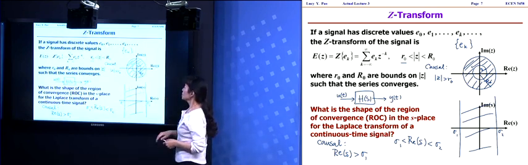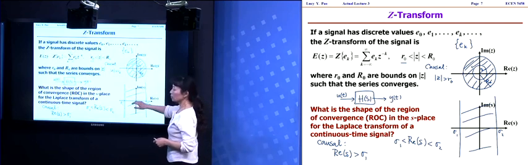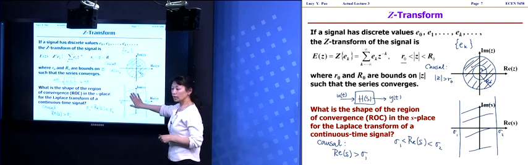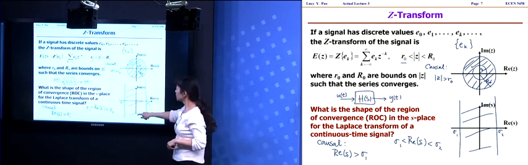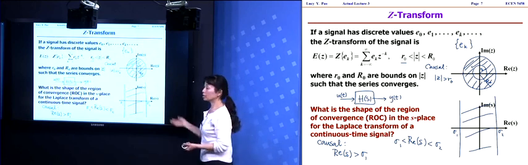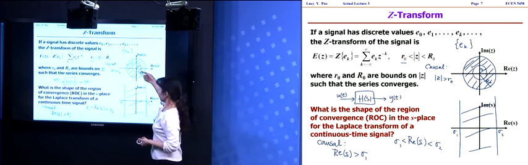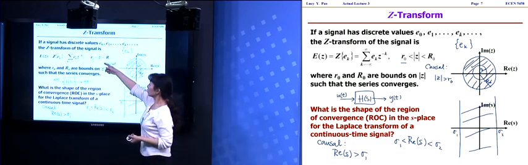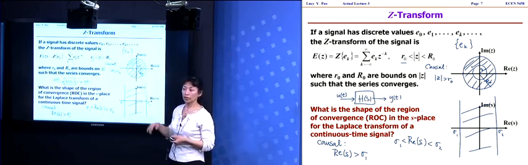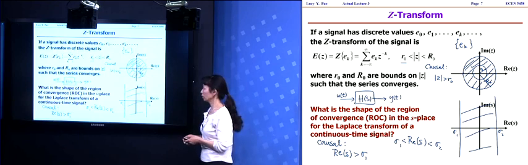And so similarly, we'll talk more about stability, but for Laplace transforms, if the region of convergence contains the imaginary axis, then it's a stable signal. For the Z transform, if the region of convergence contains the unit circle, then the sequence is a stable sequence.